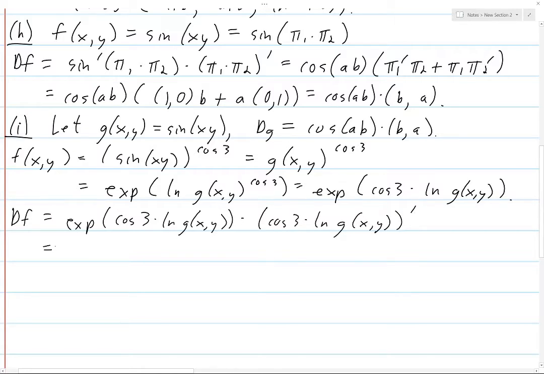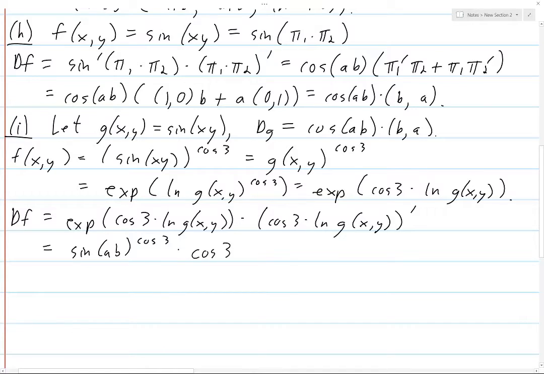Okay, now the stuff on the outside, basically what's going to happen is we're going to work backwards and cosine 3 is going to go back up. We're going to end back up with sine of ab to the power of cosine of 3. And now for the other thing that we need to take the derivative of, the cosine 3, that's just a scalar, so that will come out.